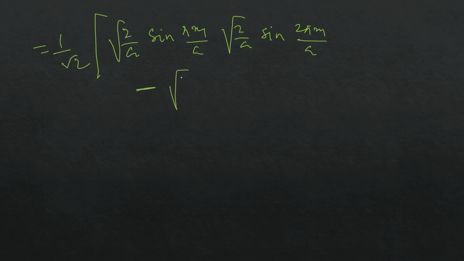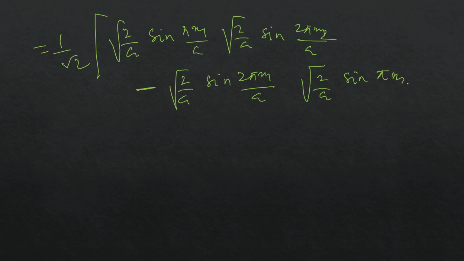Root 2 by a sine pi x1 by a into root 2 by a sine 2 pi x2 by a, minus root 2 by a sine 2 pi x1 by a into root 2 by a sine pi x2 by a.